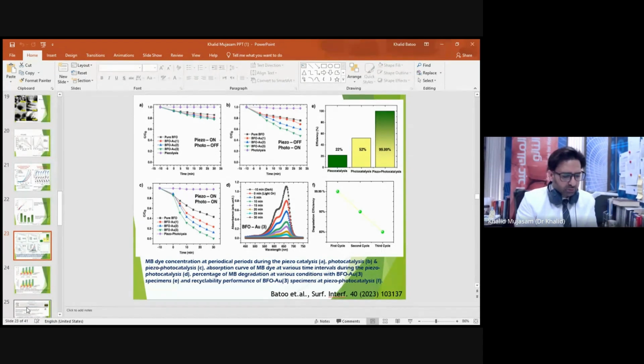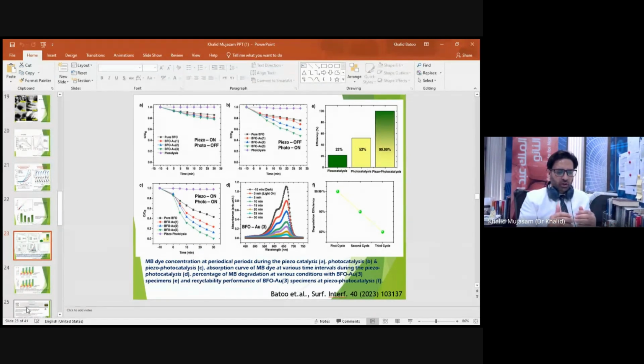So looking at this picture, you can see that the piezo catalysis part shows an efficiency of almost 22% when we had only the photocatalysis.